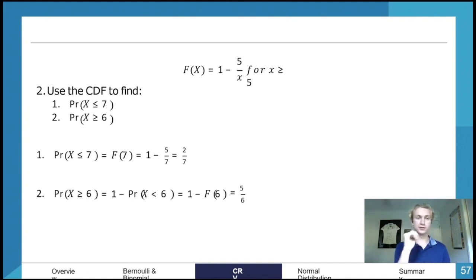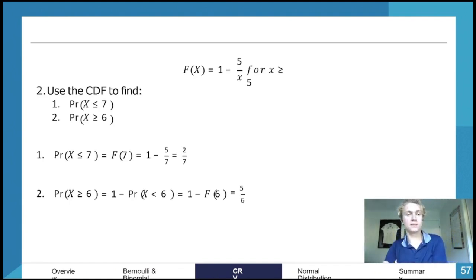And that's what question 2 is doing as well. So what we do is, because we've already worked out the cumulative density function, all we do is just sub in 7. So probability of x is less or equal to 7 equals f of 7, capital F of 7, which is 1 minus 5 over 7, we just sub in x equals 7, which equals 2/7.